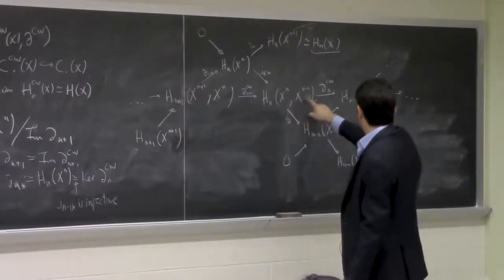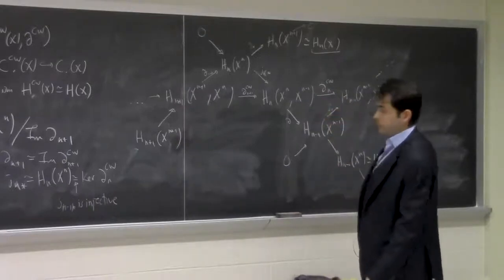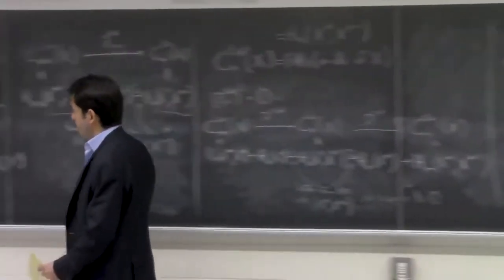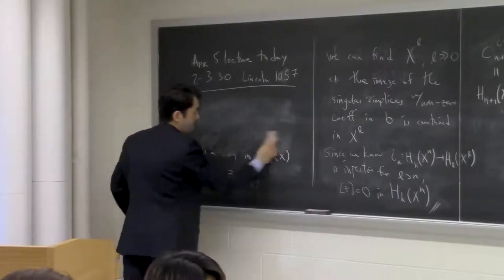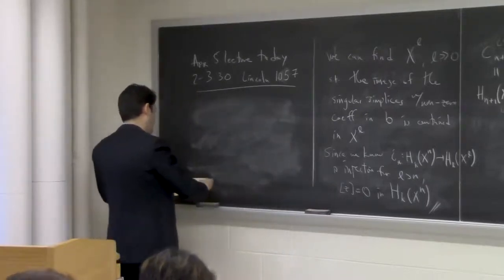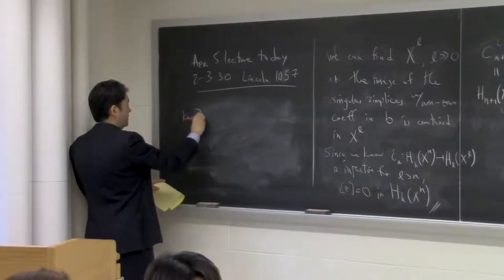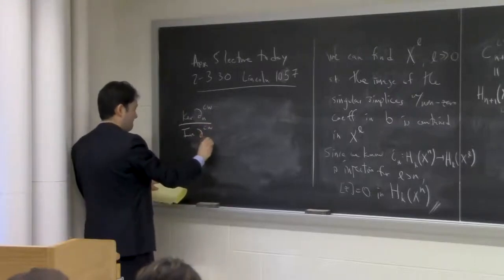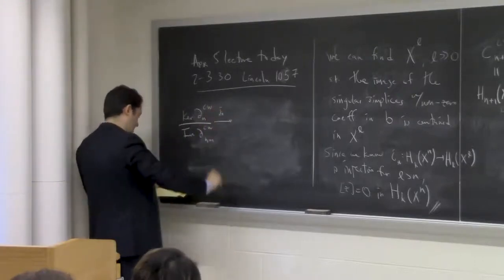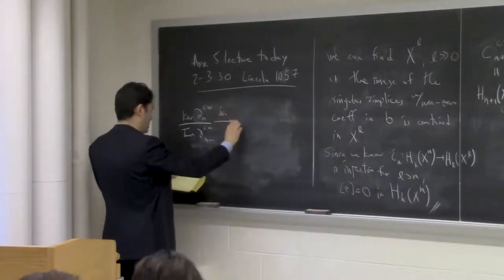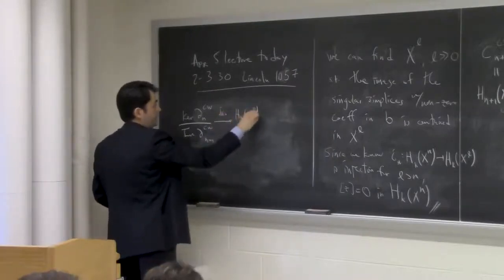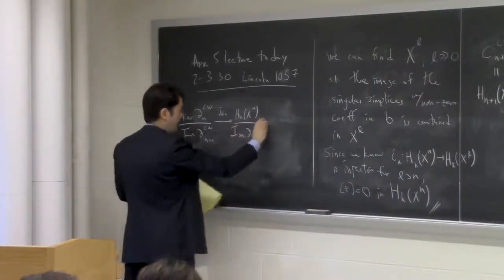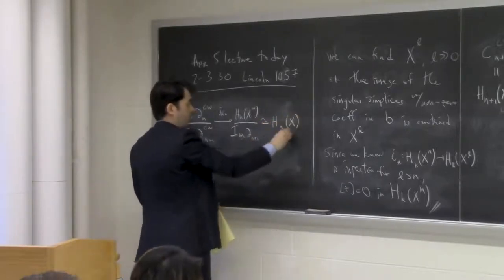And we identify it with the kernel of this map because this guy is injective. But then the kernel over the image gets mapped by Jn to Hn xn over the image of the boundary map here, and that is Hn of x.